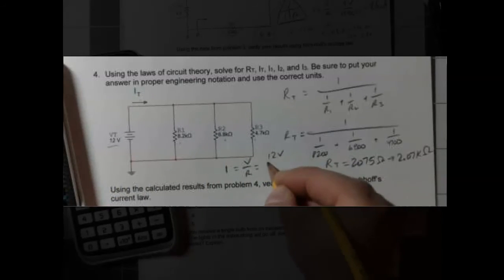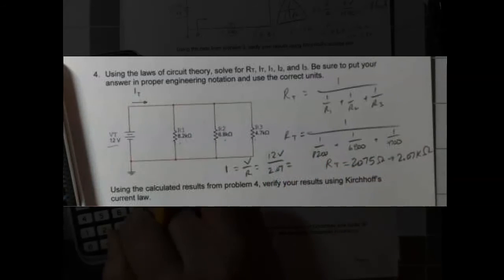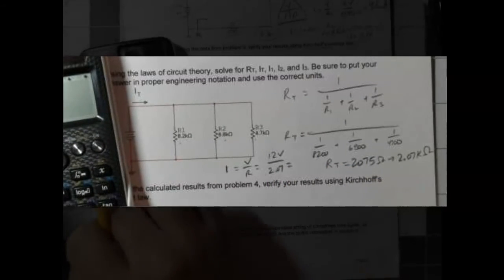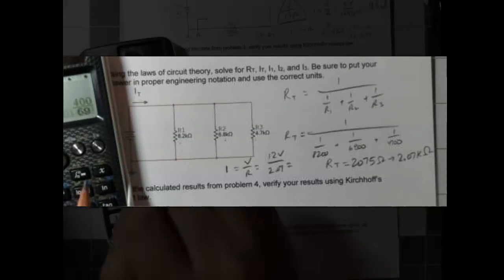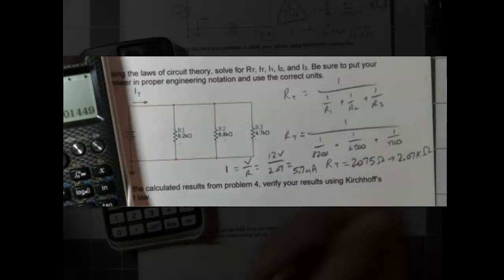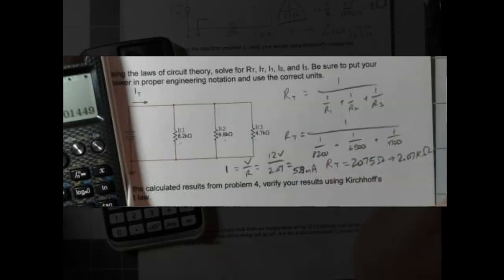So 12 volts divided by 2.07 kilo ohms is going to be 5.7 milliamps, or 5.8 milliamps.